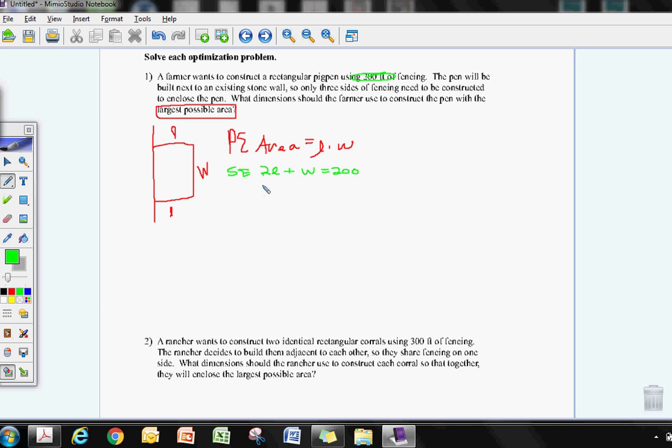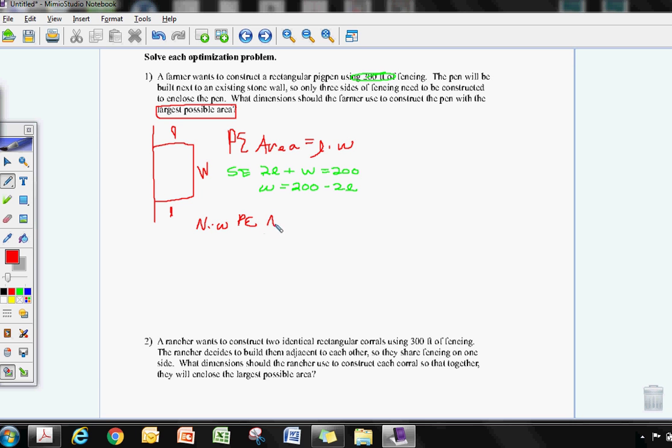Make your math as easy as possible. W would equal 200 subtract 2L. And do your substitution in. So you're going to change back to my red color, and I'm going to write my new primary equation.